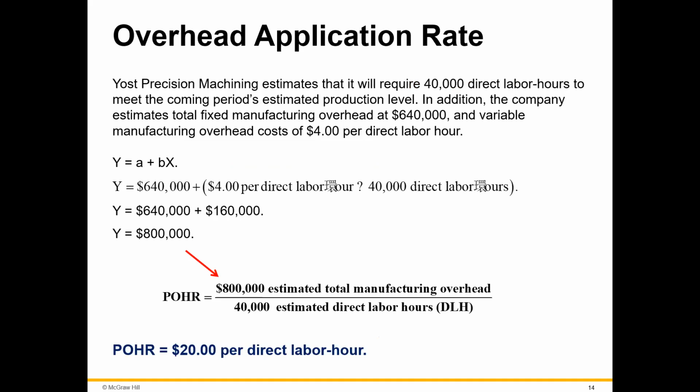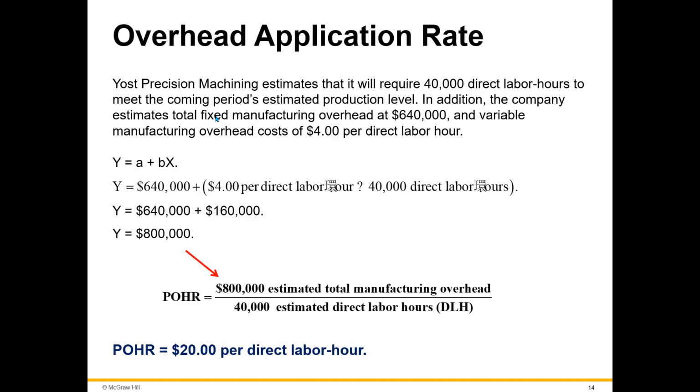In our job cost sheet, we already recorded the direct material and the direct labor cost. Now let's see the overhead allocation. Before we finish this job, the estimated overhead rate is already set up for the whole year, and this information is based upon a total of 40,000 direct labor hours as your total allocation base.